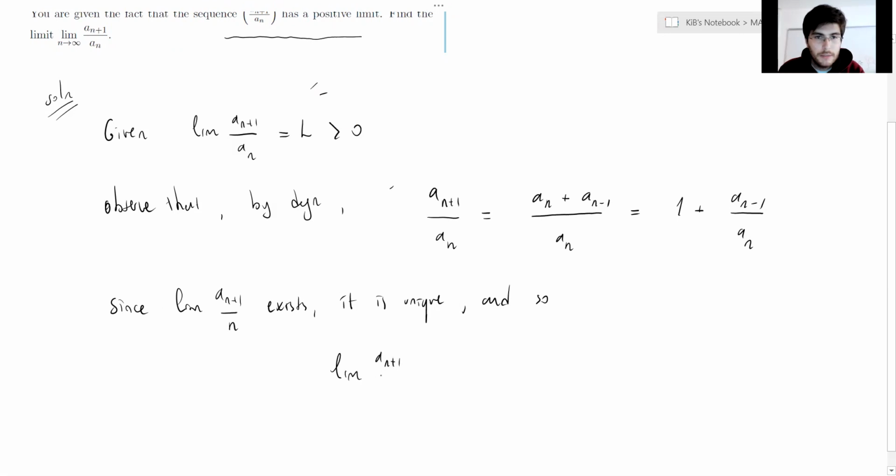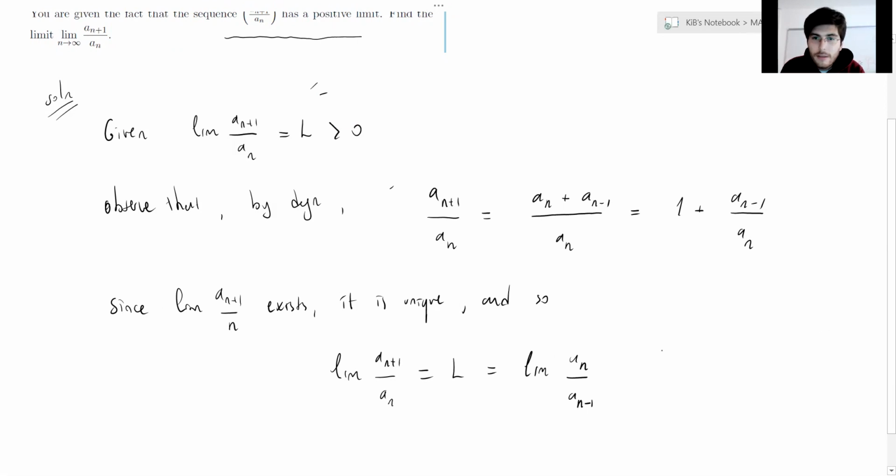So a_{n+1} over a_n, but this is equal to L. But actually, if you rearrange the indices, you just write down, for instance, a_n instead of a_{n+1}, we have n. Then we have the previous term, which is n minus 1. So these are the same thing.